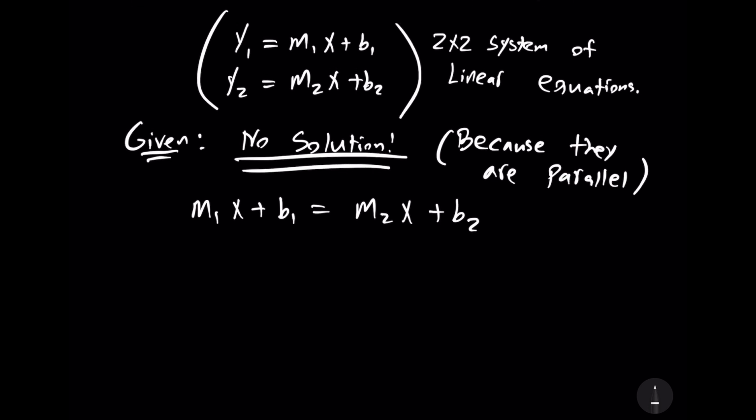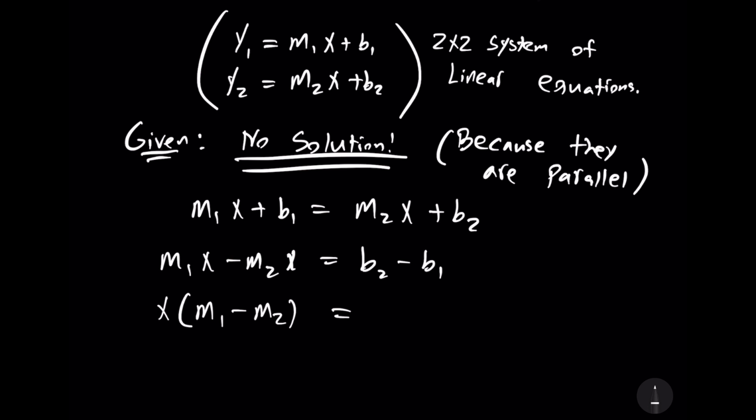So we'll subtract m sub 2 x from both sides of the equation to get m sub 1 x minus m sub 2 x. And then we'll subtract b sub 1 from both sides of the equation. And so we'll get b sub 2 minus b sub 1. Let's factor out that x from the left-hand side. So x times the quantity m sub 1 minus m sub 2. And that equals b sub 2 minus b sub 1.